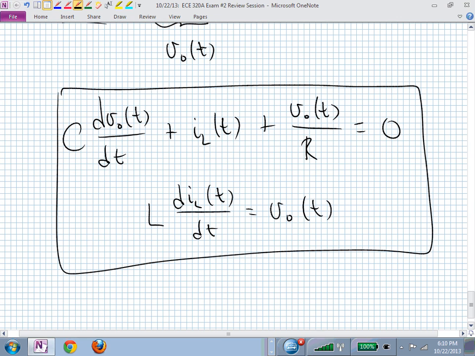You want me to do that to get a second order equation in the frequency domain for capital V naught of s? Let me do that, okay? If I wanted the time domain second order differential equation, then I would want an integral differential equation, because you would need to solve that second equation for I sub L, and that now involves an integral.